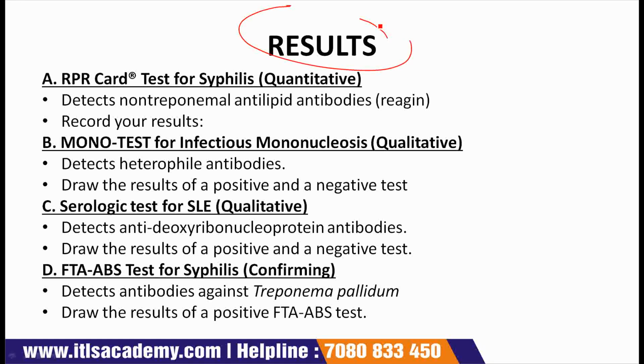Results. First is the RPR card test for syphilis. This detects non-treponemal anti-lipid antibodies, and record your results.